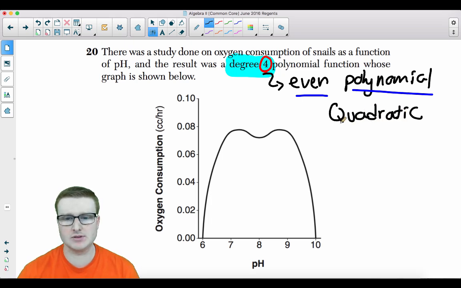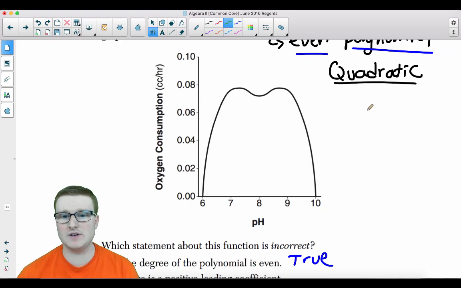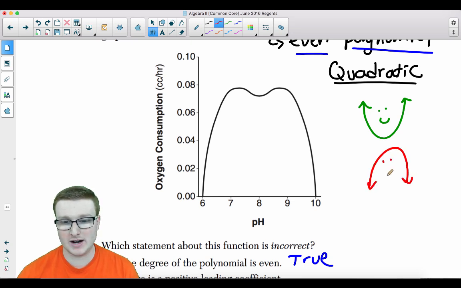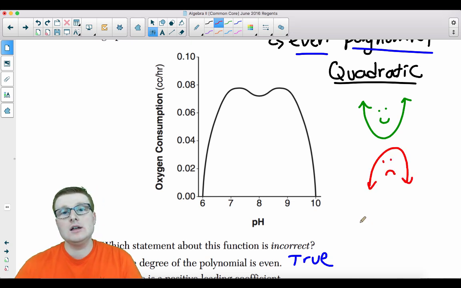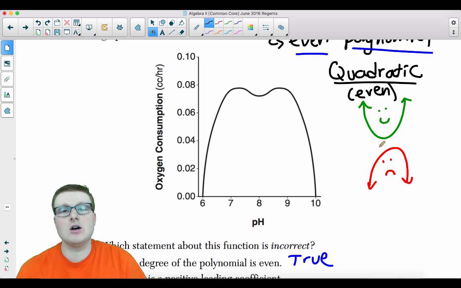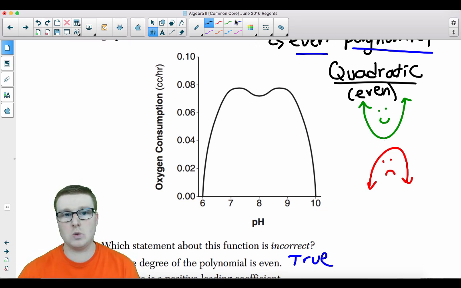If you have a quadratic that has a positive leading coefficient, it's a happy face. Remember when we did quadratics back in Algebra 1? If it had a positive leading coefficient, it's a happy face. And if it is a negative leading coefficient, it's a sad face, right? Well, since a quadratic is an even polynomial, all even polynomials, no matter how big the even number is, relate back to the end behavior of the quadratic.